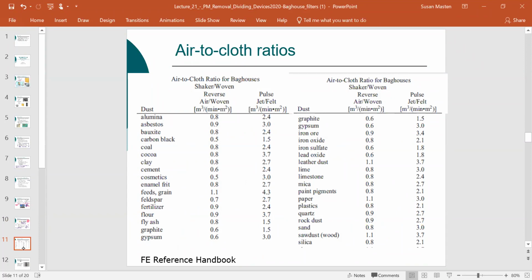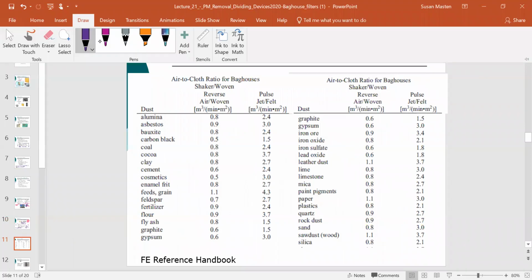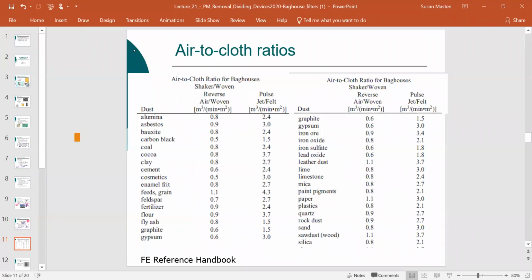So for instance, if we're looking at a cement processing facility, we're typically looking there at removal efficiencies with what we refer to as a reverse air unit of about 0.6 meters per minute, with a pulse jet, and we'll talk about these, they're just different types of baghouse filters, much higher at 2.4.